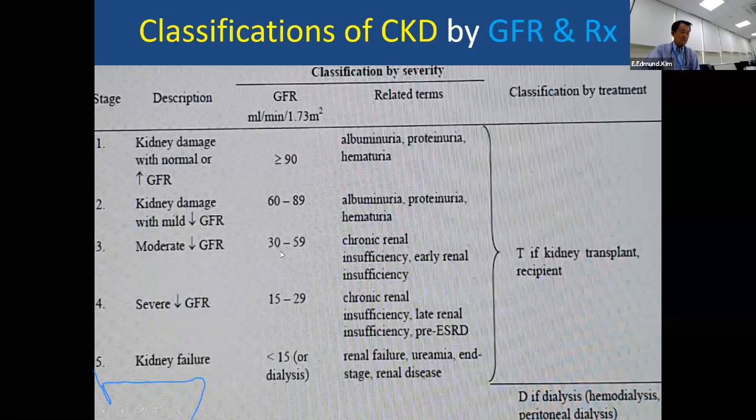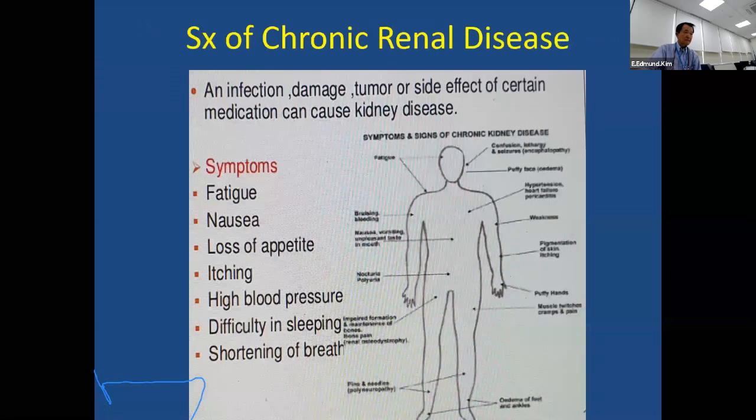But it goes down. If you have less than 30, that's usually chronic, while less than 60 is chronic insufficiency. So down here, this requires transplant or dialysis. Chronic renal disease brings low energy, some hypertension, anemia, that kind of thing.